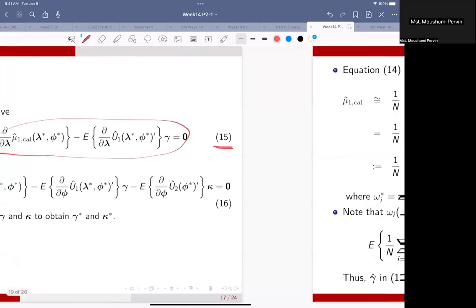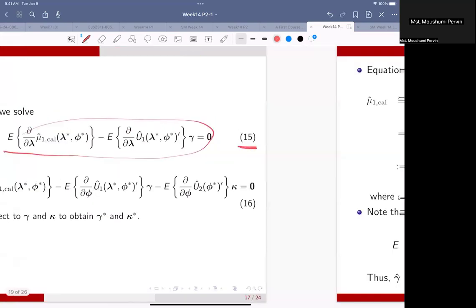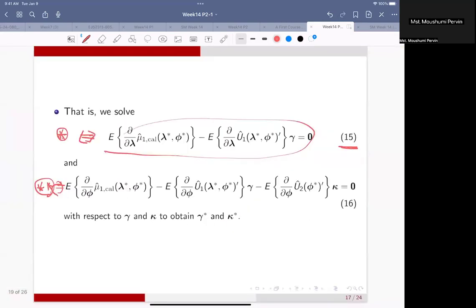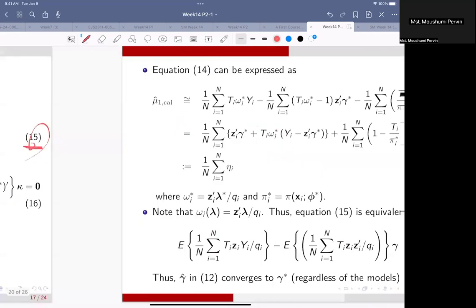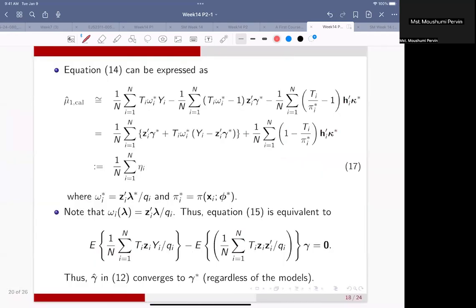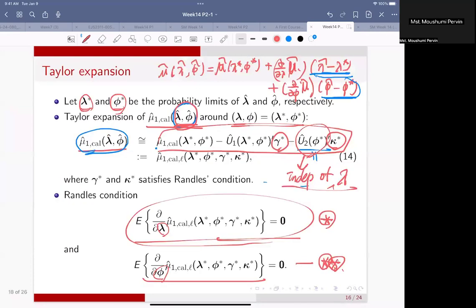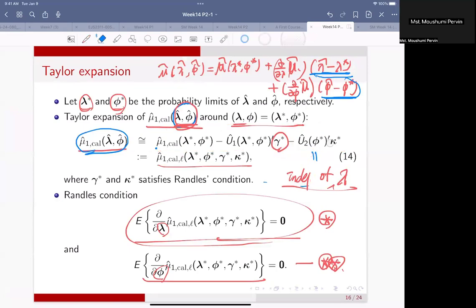Okay. So now let's take a look at what's going on. So let's take a look at equation 15. Before we, okay. Let's first take a look at this one more carefully. Because we know the form, we know what mu hat is, what u hat 1 is, what u hat 2 is.